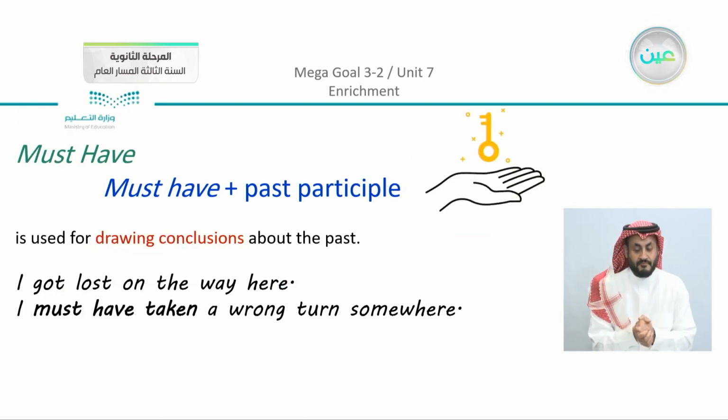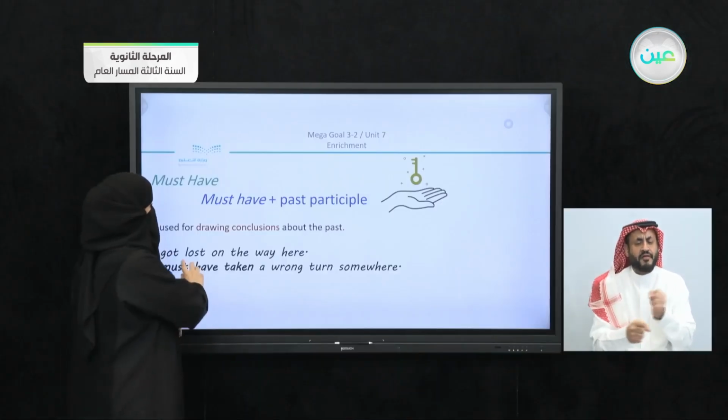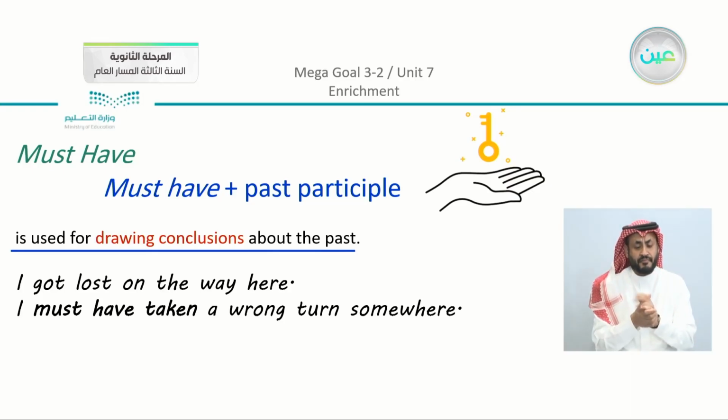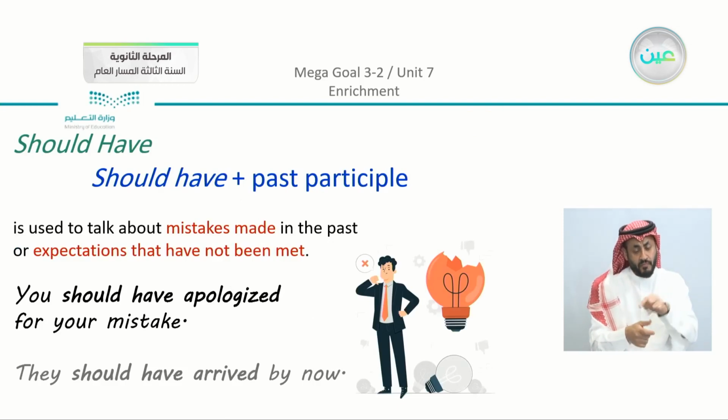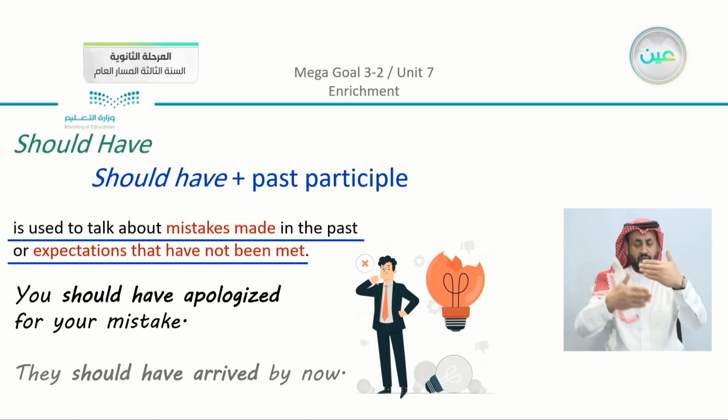Now moving on, we have also studied must. Now we have here must have also is used with the past participle, and the use that we studied is to draw conclusions about the past. We have more. We have should have plus the past participle. It is used to talk about mistakes made in the past, and also expectations that have not been met.